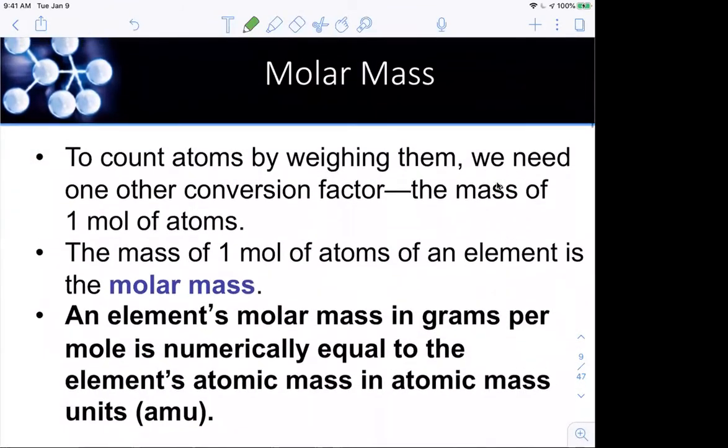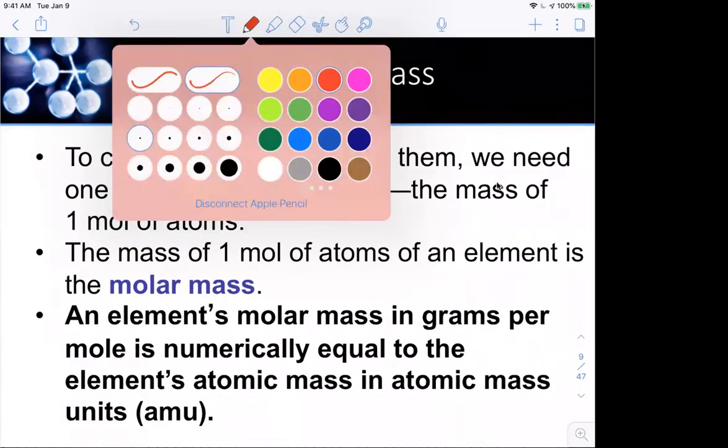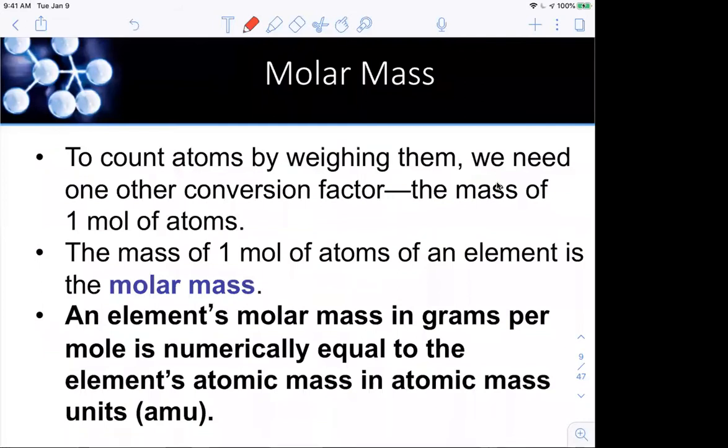All right. Now, if I want to bring in mass or weight, I'm not going to be able to count 1 by 1, 6.022 times 10 to the 23rd atoms.